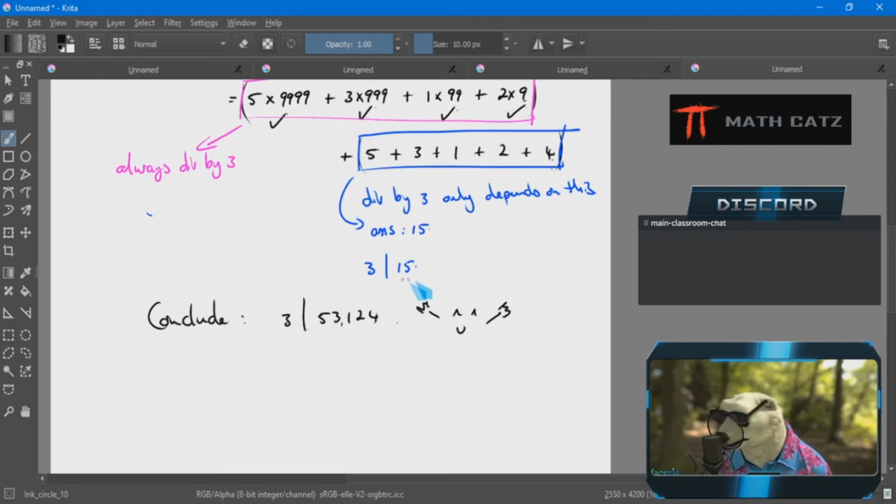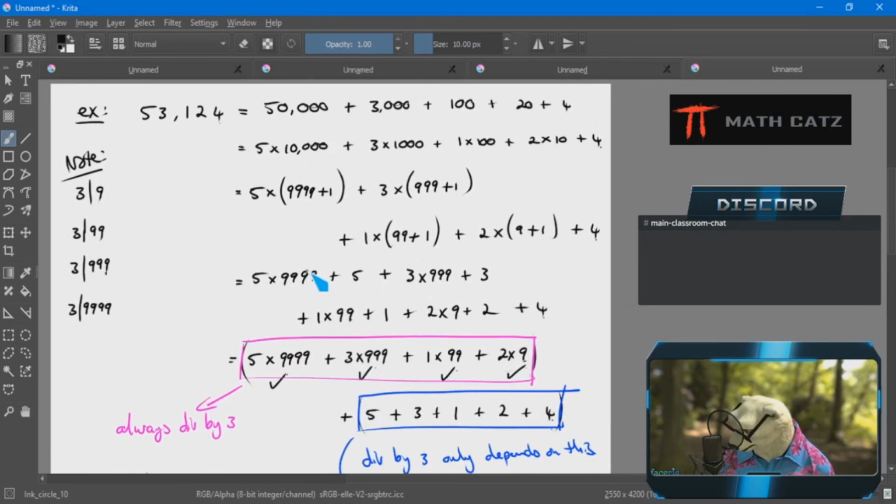So it was a small number to actually use to compare against 3. I'll call that the comparison number. But where does it come from? It is exactly the digits of the original added together.